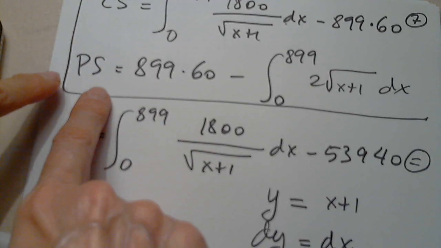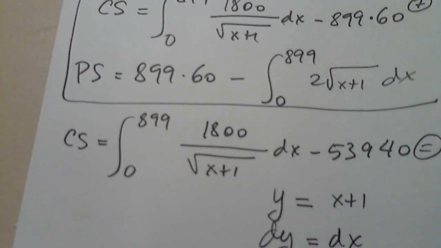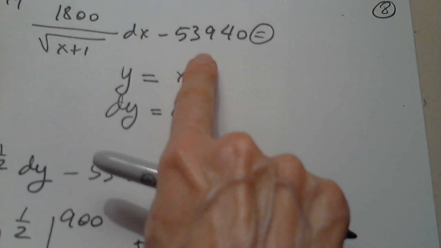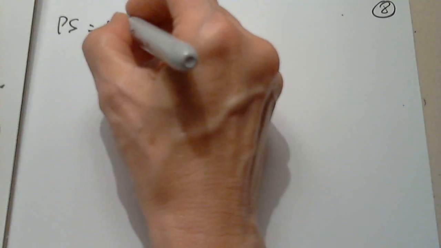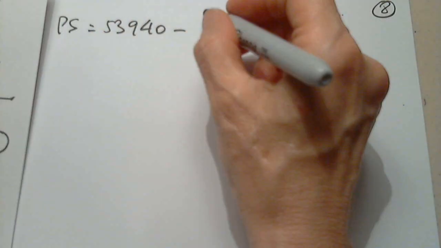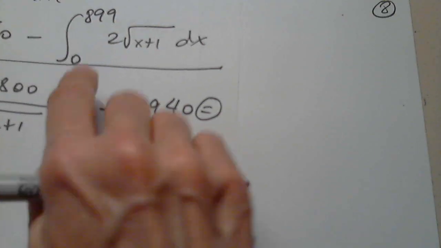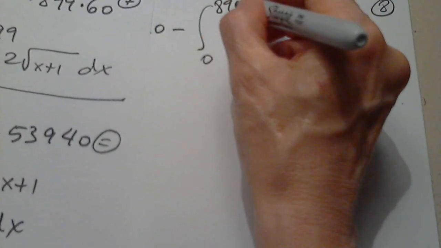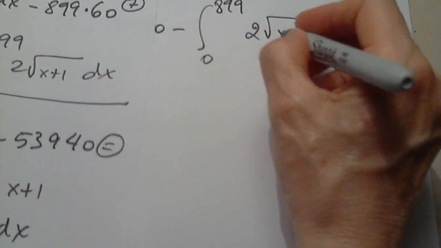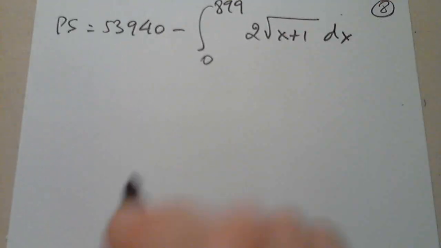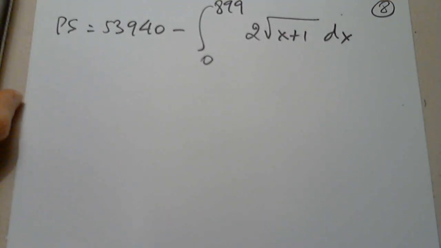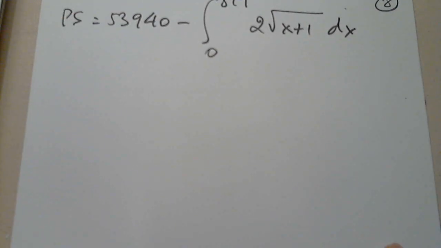Now we want to determine the producer surplus. So the producer surplus is the same number, 53,940, minus this integral now, from 0 to 899 of the square root of x plus 1 dx. Good.